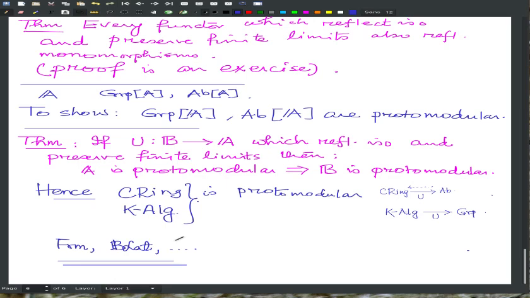So next time I will give a proof of this, and I also need to give you a convincing proof of the fact that these two are protomodular. Okay, and then that's what we will do next time, as well as I'll give a proof of the main theorem.